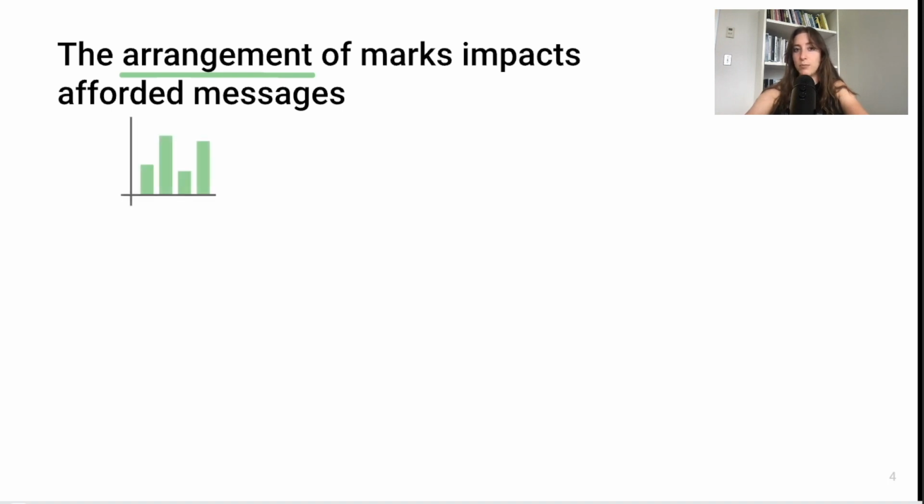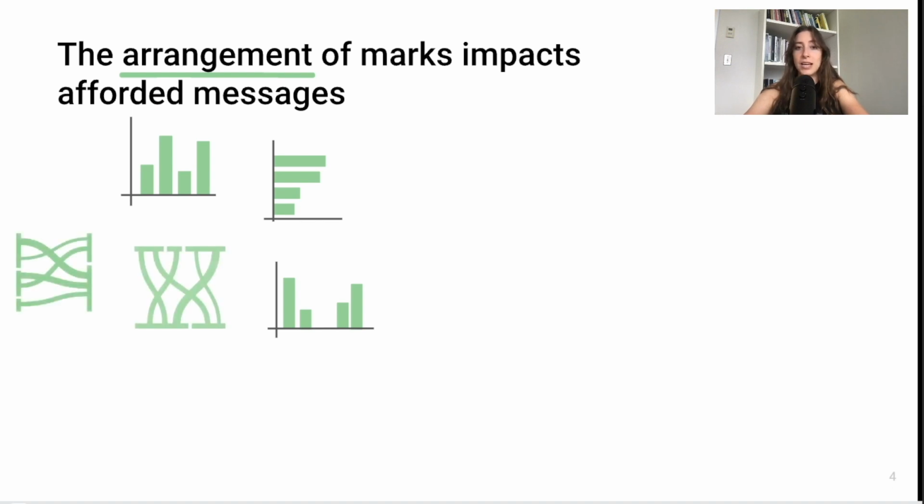So, for example, with a bar chart, we could realign or reorient the bars, we could sort them in a different order, we could space them further apart, and this type of arrangement is not exclusive to bars, but can really apply to any other visualizations as well: Sankey diagrams, pie charts, you name it.